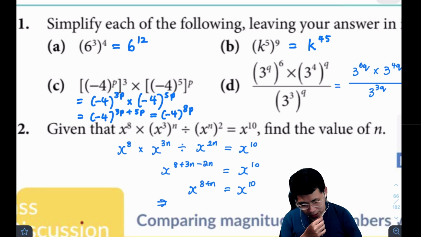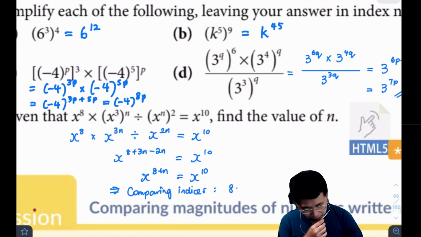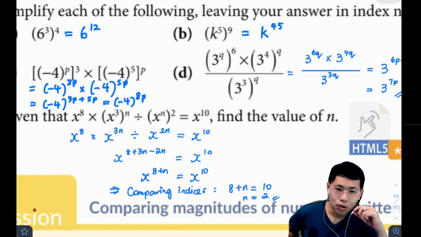What we can do is compare indices. Comparing indices, what we have over here is 8 plus n is equal to 10. So 8 plus what is 10? The what is 2. n equals 2. Okay, so one more time.